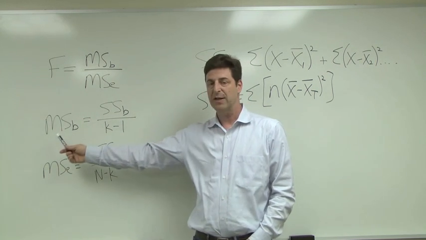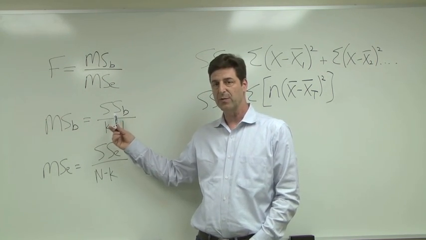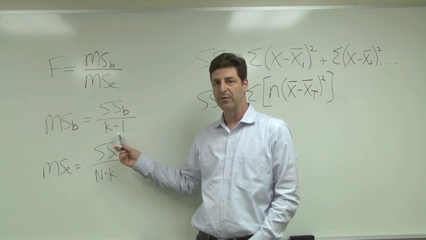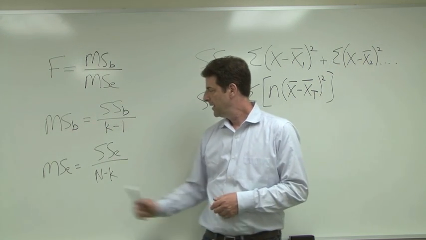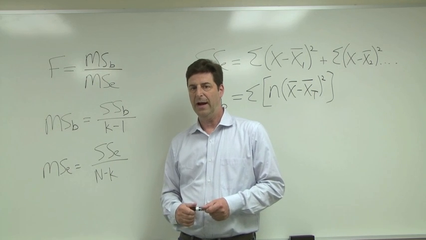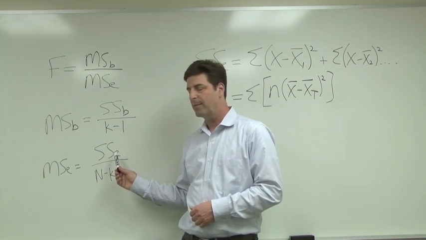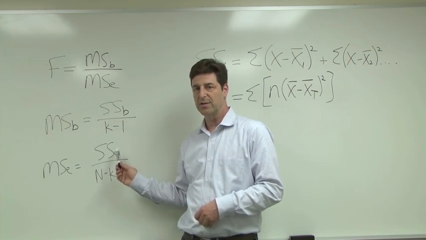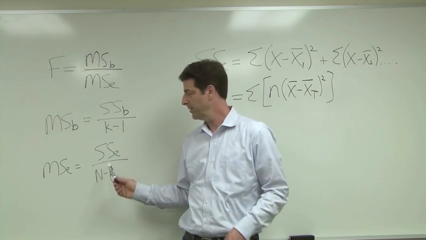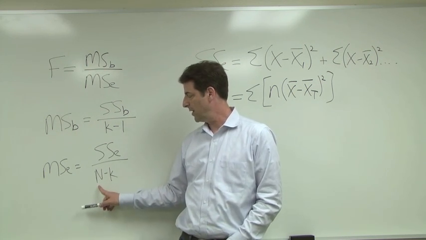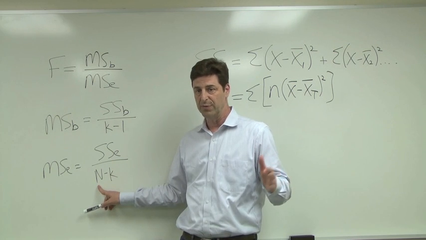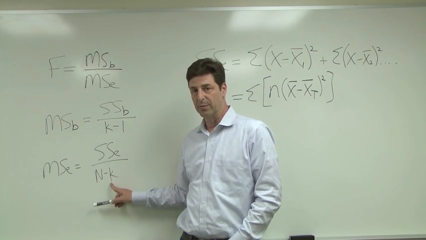So to get the MSB, you take the sum of squares between groups and divide by the number of groups minus 1. To get the MSE, the mean square error, you take the sum of the squared deviations error divided by the total number of cases across all of your groups minus the number of groups that you have.